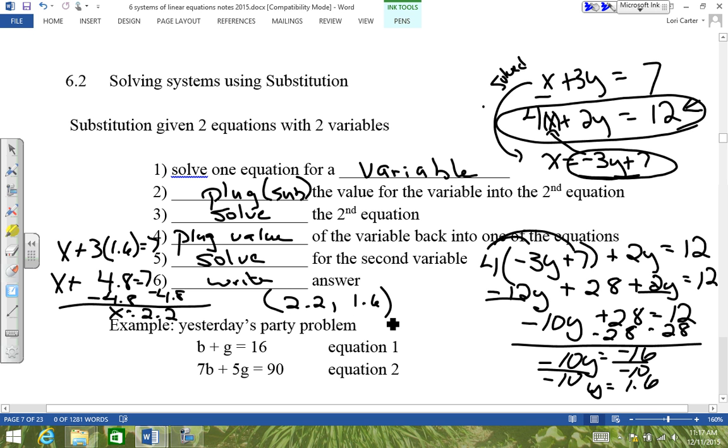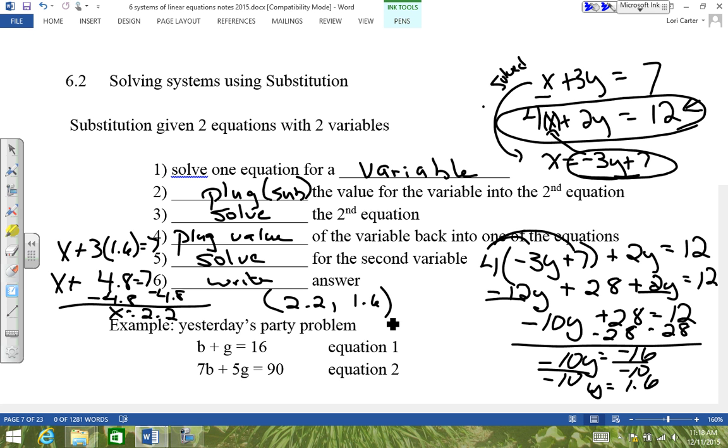Question: wouldn't it just have been easier to move the x over on both sides and then get your point that way? On your two problems, wouldn't it be easier to move the x over, divide by 2, and then get your point that way? How would you get your point? You don't know either one of the values. You have 2y equals negative 4x plus 12, and divide it all by 2.